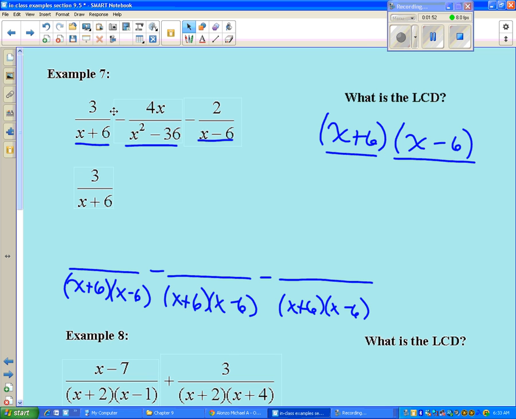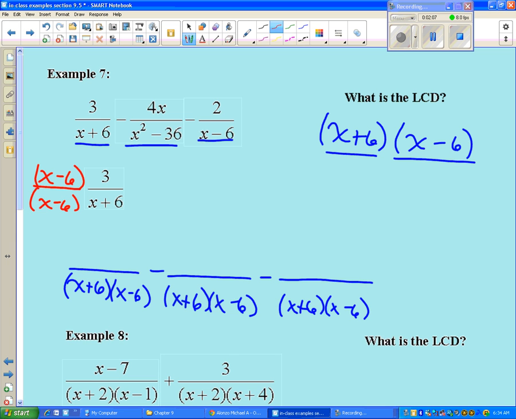So I need to work this problem out so that I get that. And so here, I need to multiply my denominator times x minus 6, so I have to multiply my numerator times x minus 6. In this middle term, I don't need to multiply anything. I already have the x plus 6 x minus 6 in x squared minus 36, so I'm just multiplying by 1 over 1.